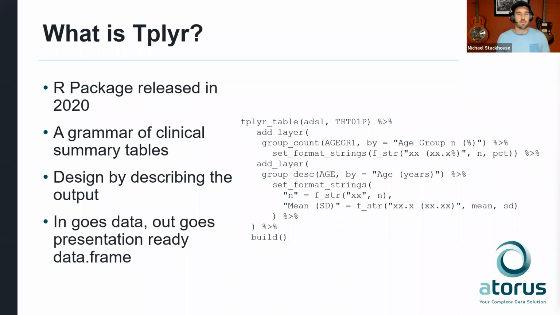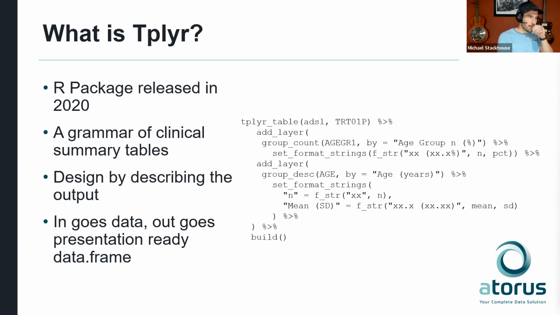So we wanted the syntax of tplyr to follow that, to feel like you are describing the output that you're trying to create, and to build up more of a specification. That allows you to think about the data that you're presenting rather than the algorithms to do things like formatting your strings, summarizing the descriptive statistics, and doing the counting necessary for your n's and percents. We wanted to make that part simple and give it a set of instructions describing what needs to be produced, rather than programming the output itself.